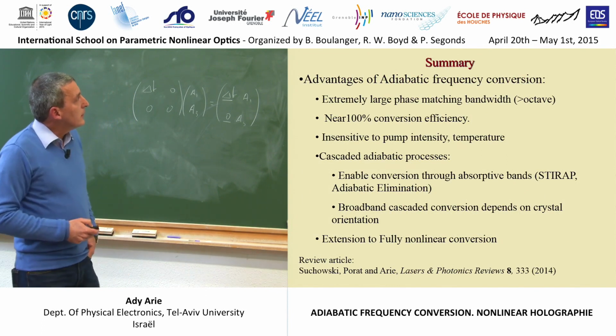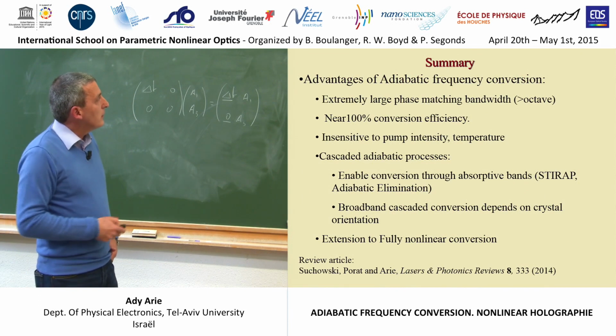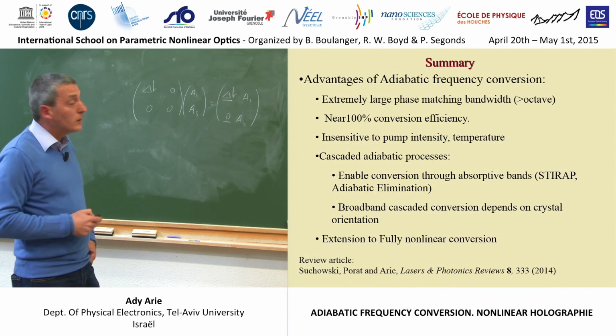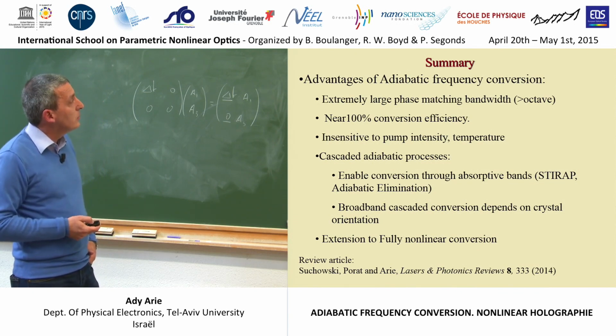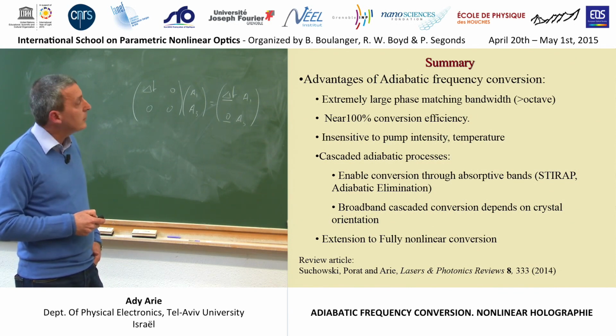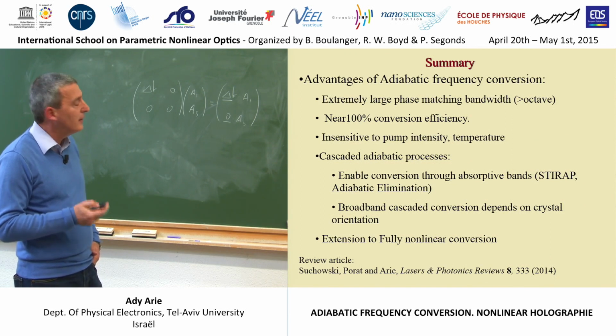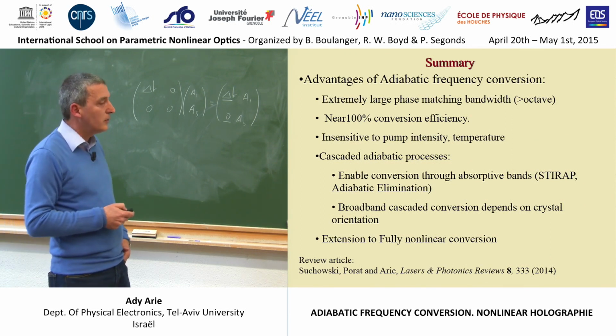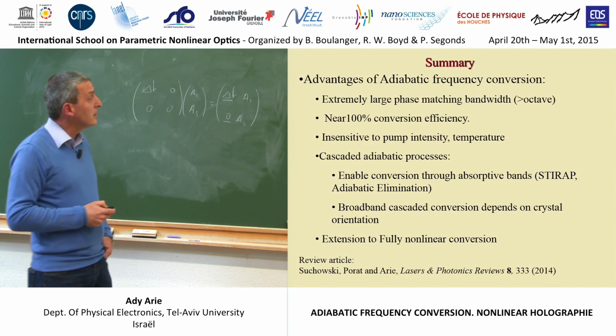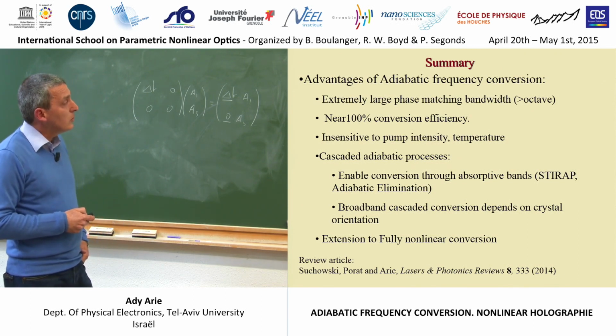Okay, so let's summarize this part. I hope I convinced you that there are many advantages to adiabatic frequency conversion. You can get extremely large bandwidth, more than 1 octave. You can have nearly 100% conversion efficiency. It's insensitive to pump intensity, crystal temperature, crystal angle, almost every parameter of the experiment. You can also do cascading.